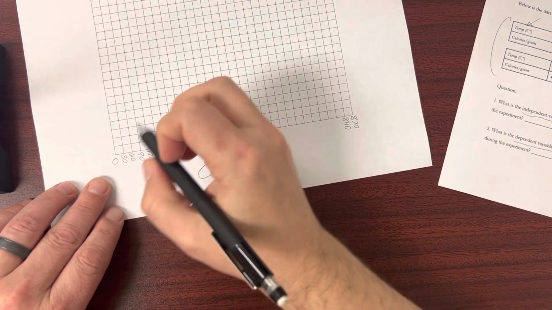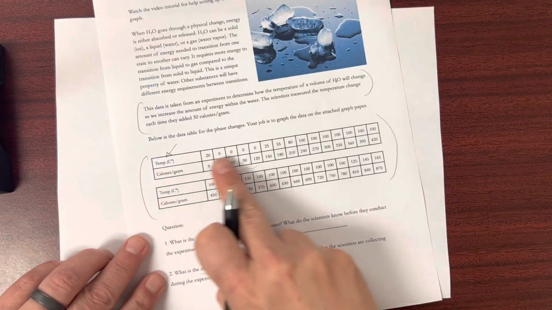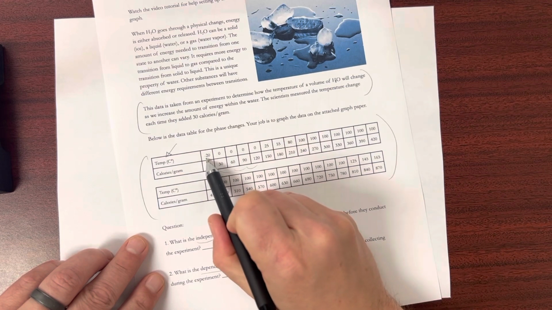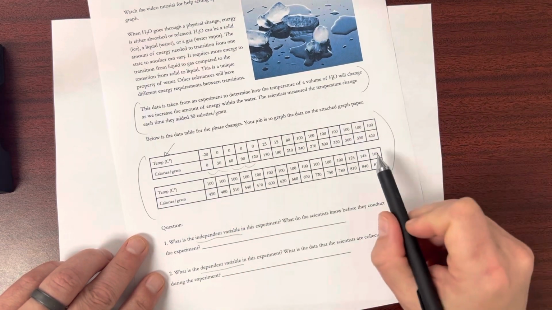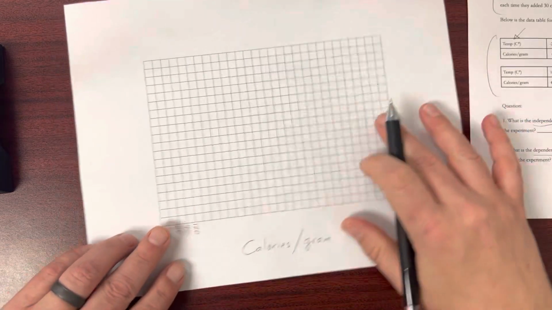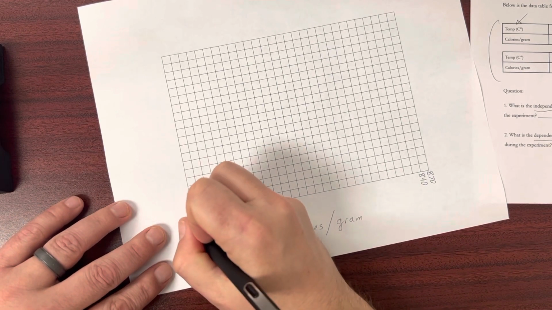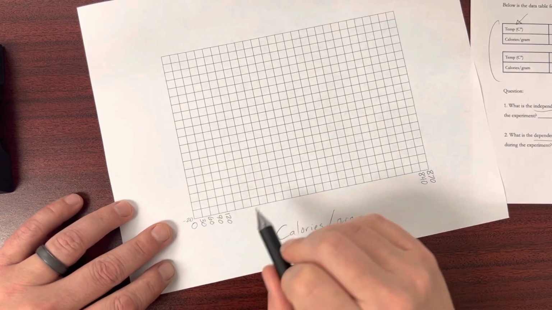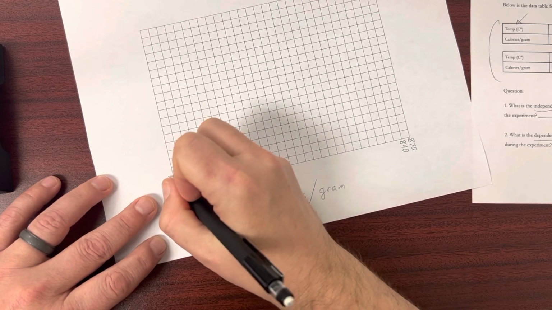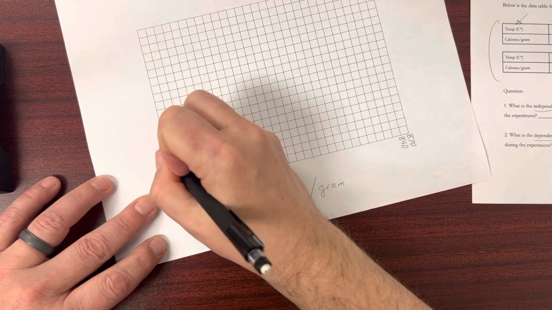Now I've got to do our y-axis, and that's going to be the temperature. We have our temperature that goes across these two data tables. You'll notice it starts at -20, and it's going to go up as high as 165. So because -20 is the lowest, that's what I'm going to put down here on the first line. And I'm going to go up by tens. -20, -10, 0, 10, 20, 30.